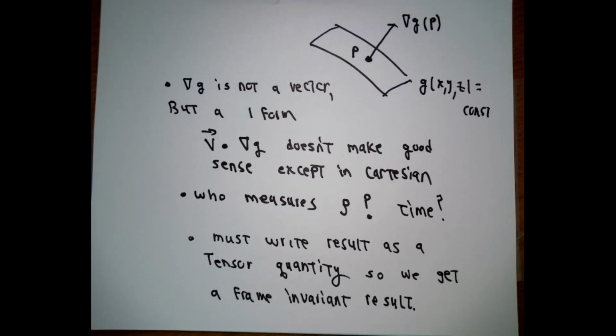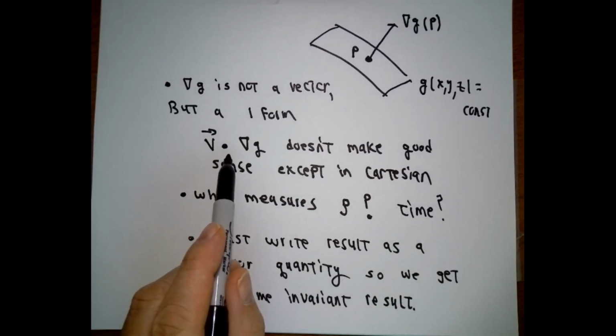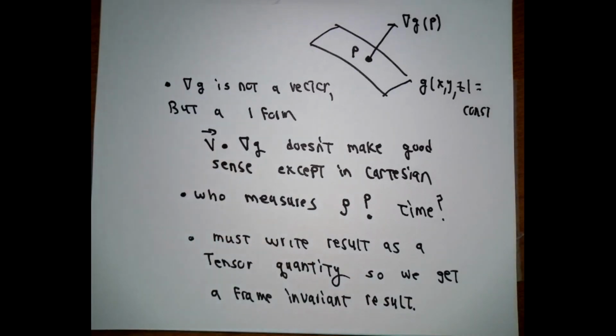We now have a really, really big problem, because we have done a lot of thinking and studying on the matter. The gradient of g is not a vector in the sense that we usually think of vectors. It's a one form. If I say I want to take a vector and dot product it with a one form, that doesn't even make sense.